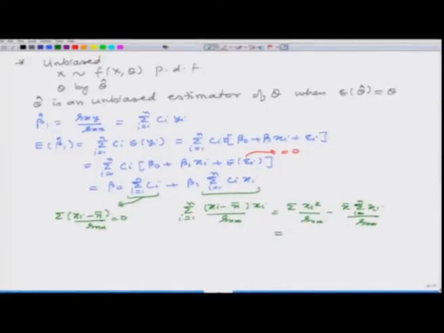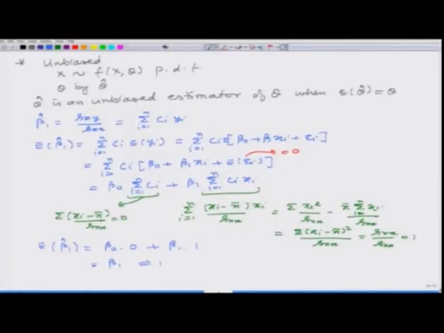So, this quantity can be written as summation (xi minus x bar) whole square over Sxx, and this quantity is again Sxx upon Sxx, which is equal to 1. Right. So, the expected value of beta 1 hat is equal to beta 0 into 0 plus beta 1 into 1, which is nothing but beta 1.